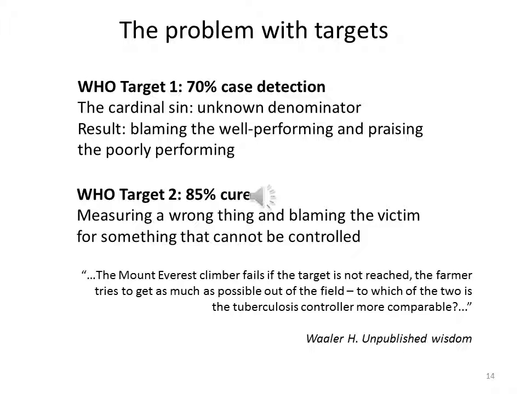Target 2, 85% success rate of patients detected. For public health action, this indicator is not useful and may blame for things that cannot be controlled. But using attractive targets is very useful in public relations, which is also very important in tuberculosis control.